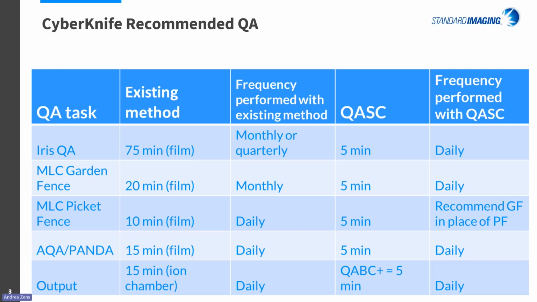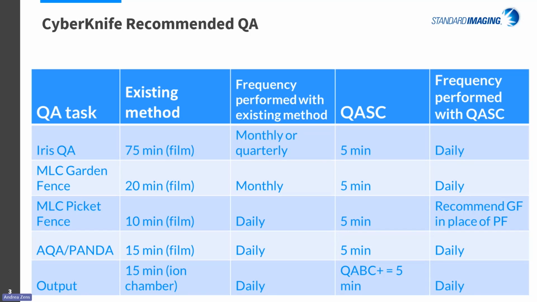While Accuray doesn't recommend all tests be performed daily, that is mainly due to the time it takes to do film-based QA. However, with QA StereoChecker, all iris collimators are tested as a batch, done in about 5 minutes, start to finish.